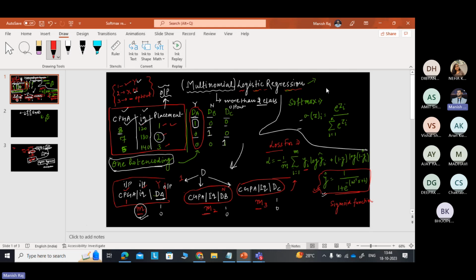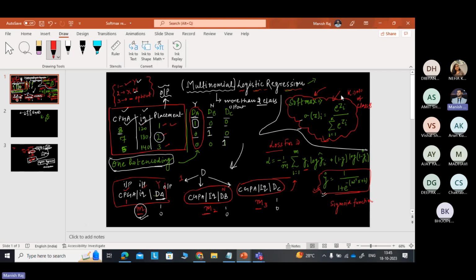Now this formula will be converted into the softmax. When you are working on multinomial logistic regression, instead of the sigmoid function, you will use the softmax function. In this softmax function, e to the power z, and k is the class, the number of classes.